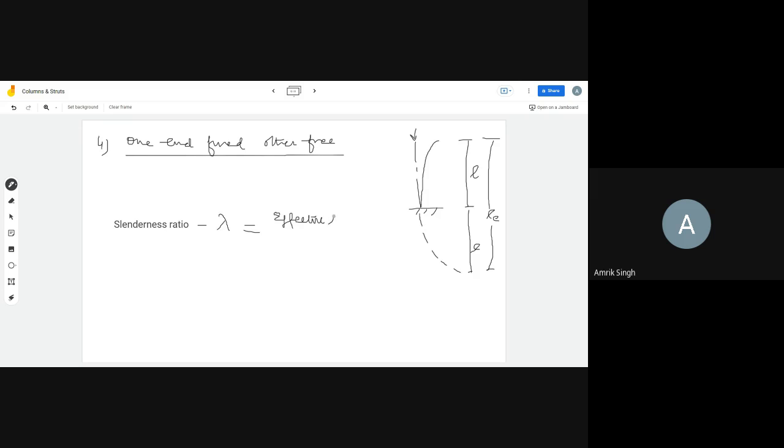Effective length or equivalent length of column divided by the least radius of gyration.